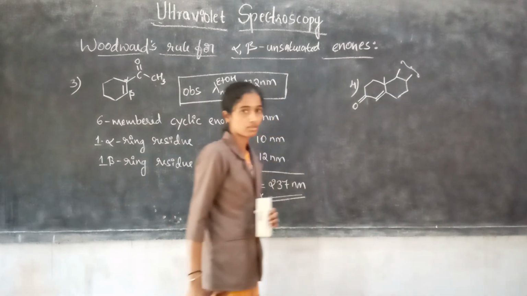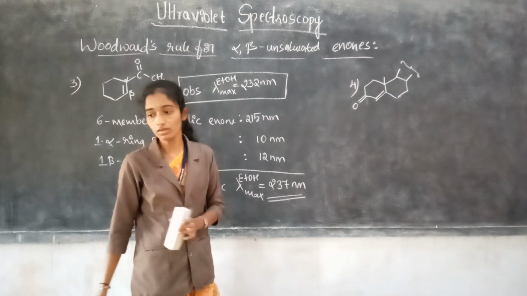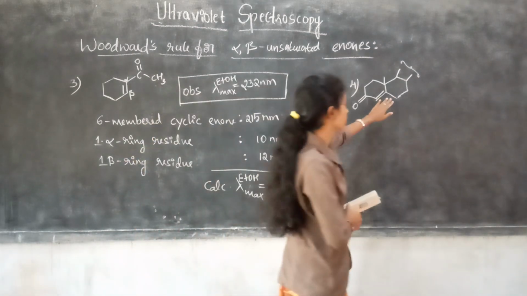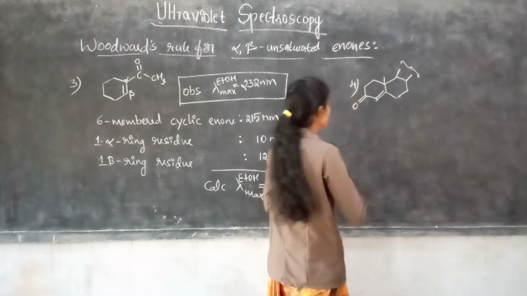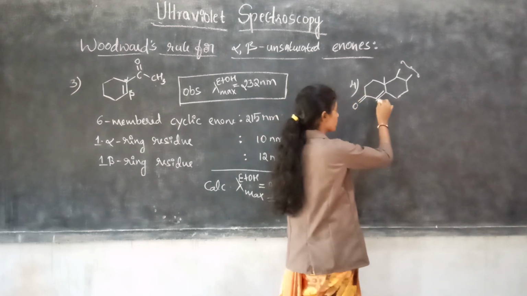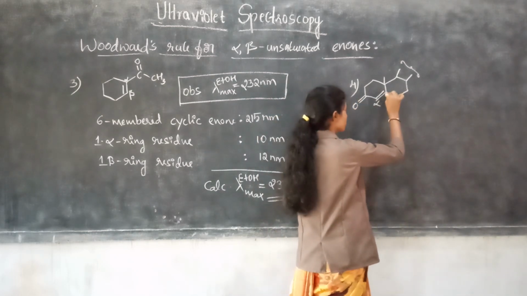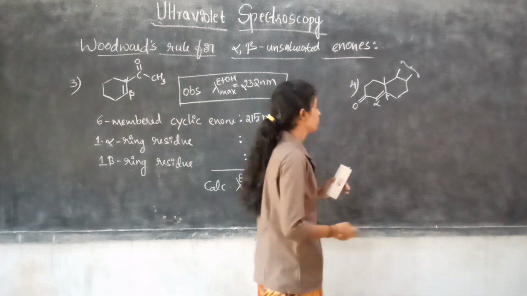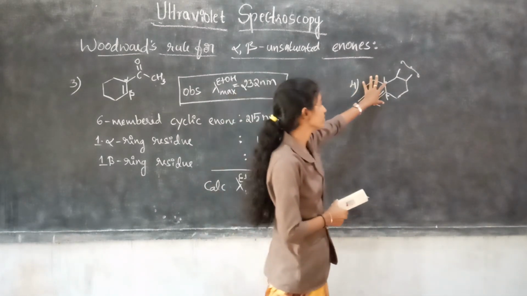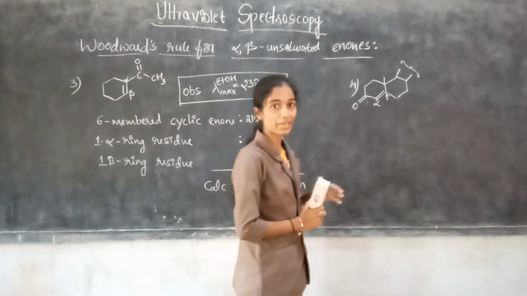So this is the next compound we had taken. Here it is the fused ring system, whereas corresponding to this carbonyl carbon, this is alpha carbon, whereas this is beta carbon.